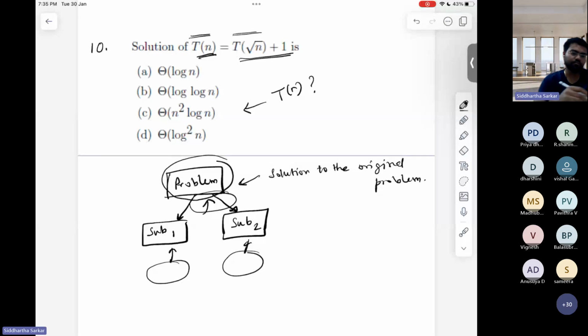We have an answer. Madhubalan is saying A. Why is that A? Okay, for some reason, I'm not able to hear you.